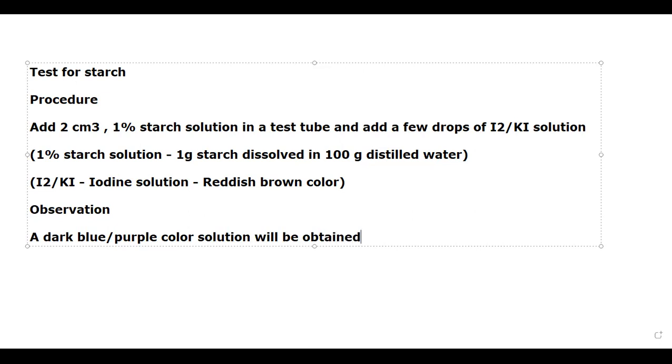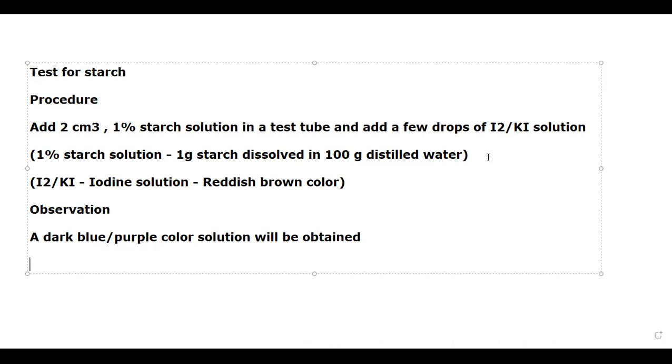Actually, 1 gram starch dissolved in 100-gram distilled water is a very dilute solution. Then only that dark blue color can be seen. If you increase the starch amount, that blue or purple will appear to you as black color. Actually, they are blue. Actually, they are purple. But how will they appear?